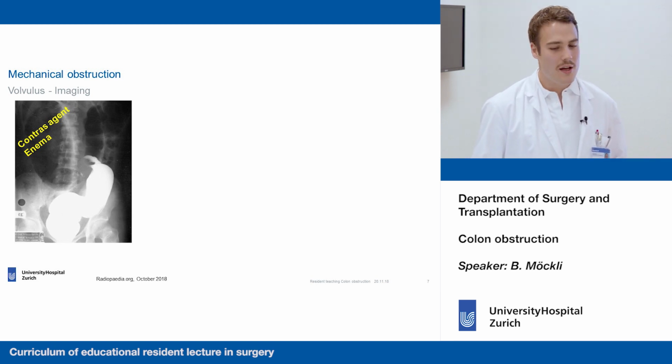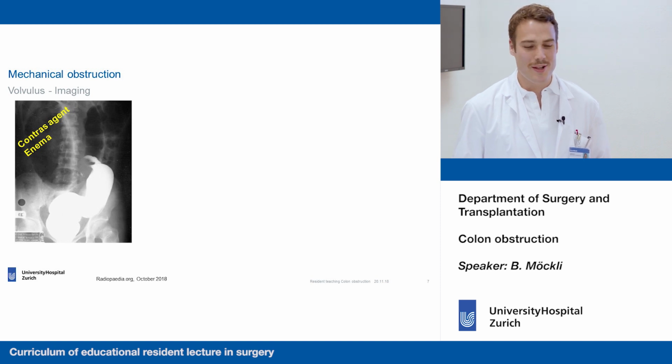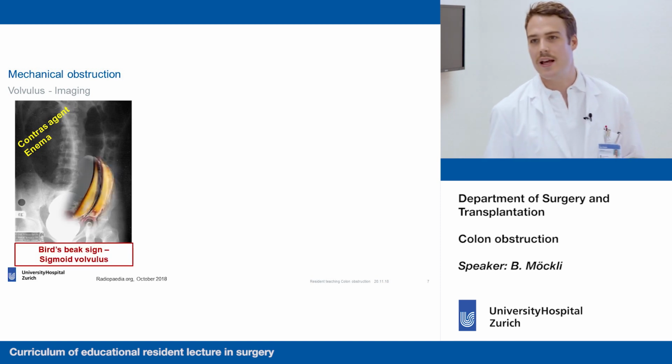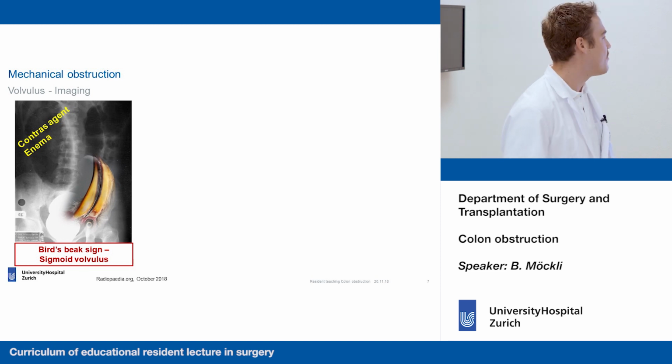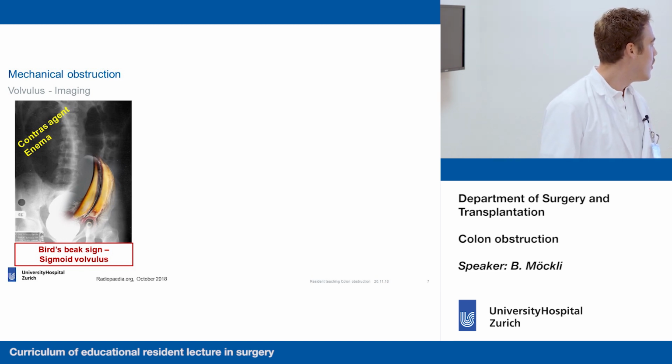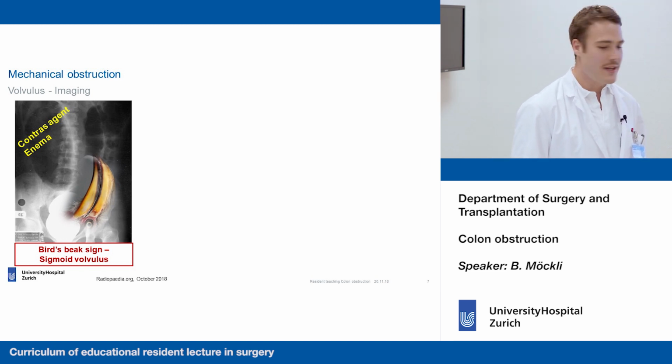Omega sign? I've never heard of that. Possible. But what you can see here actually is a bird's beak sign. I guess that's how the sign is typically called. We can see the barium rising up here, but the torsed sigmoid doesn't let the contrast through, also illustrated here by a bird's beak.